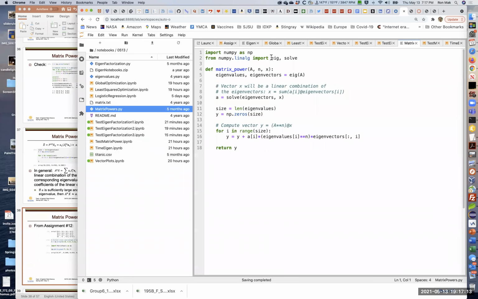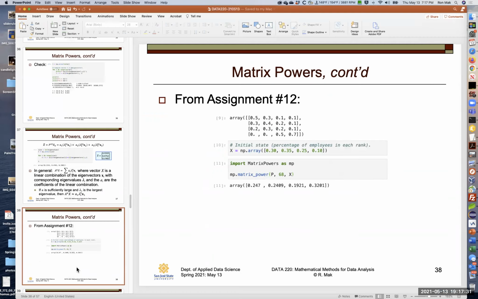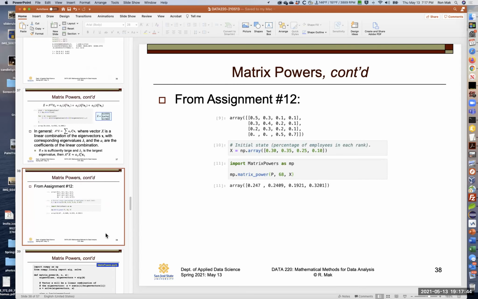It does what I showed you. It raises each of the eigenvalues to the nth power and multiplies that by the corresponding eigenvector. If we use this function to calculate, we should get the same answer as the way we did it the other way in assignment 12.